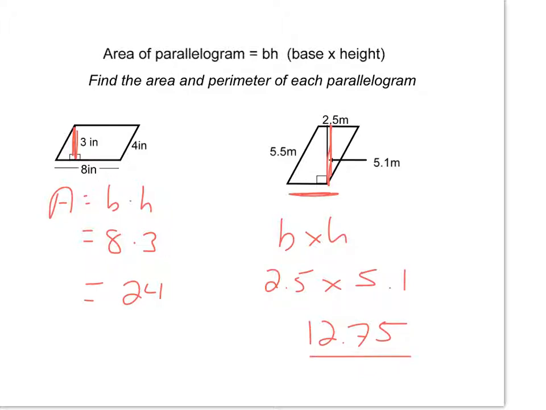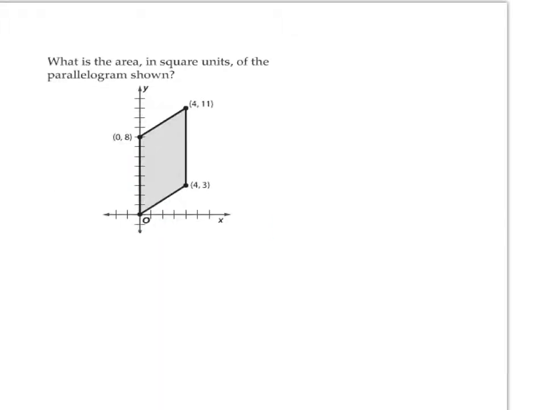We're going to find the area of this parallelogram right here. I need to find a height, which in this case is 8. If I count up, I get 1, 2, 3, 4, 5, 6, 7, 8. Or I can see on this side it's also 8. It goes from 11 to 3.